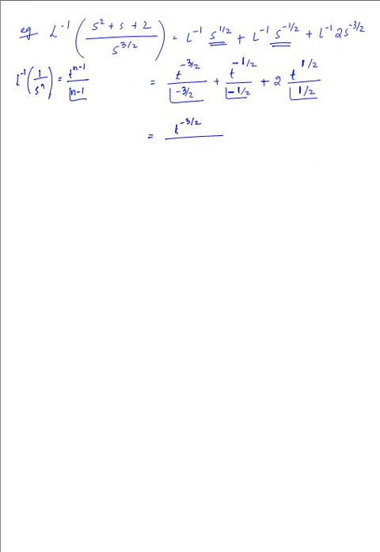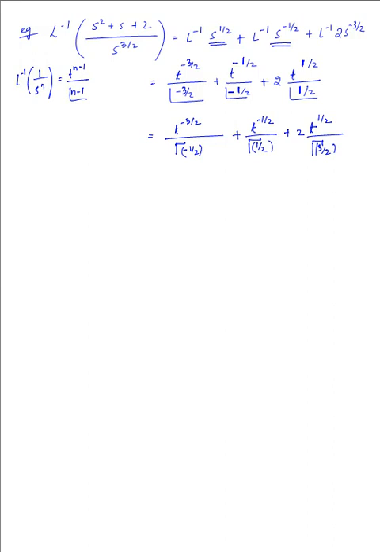So this minus 3 over 2 factorial is simply equal to gamma minus half, and for this one we have t raised to the power minus 1 over 2, and this is gamma half, and then the final one, that is 2, and that is going to be gamma 3 over 2 times t raised to the power 1 over 2, and in the denominator we have gamma 3 over 2.